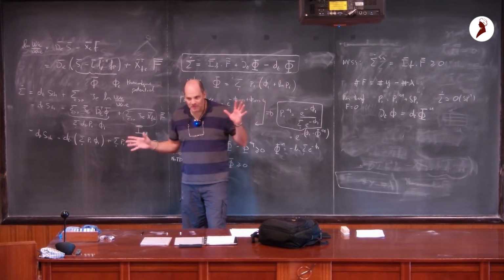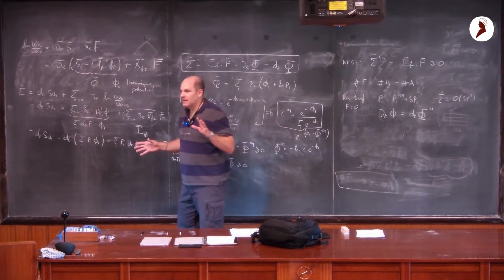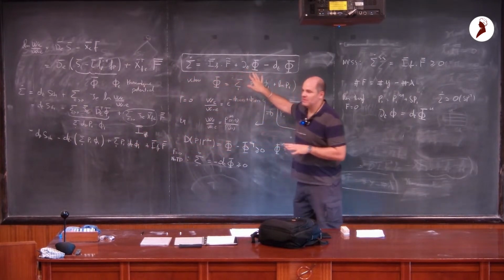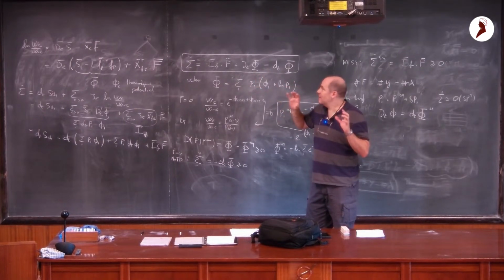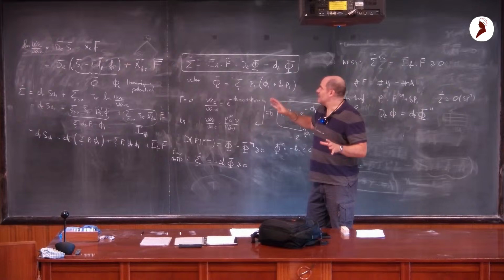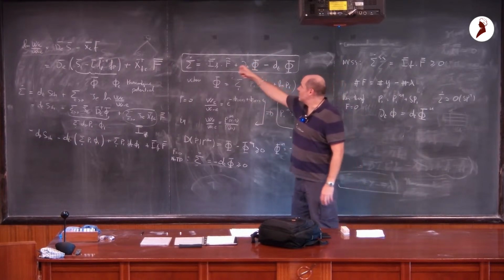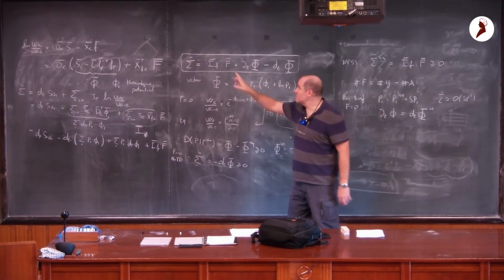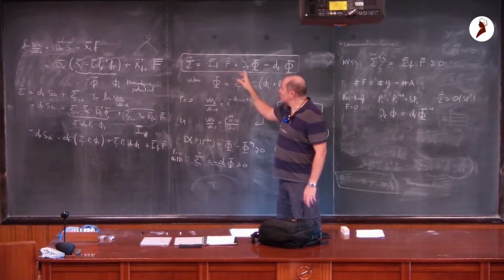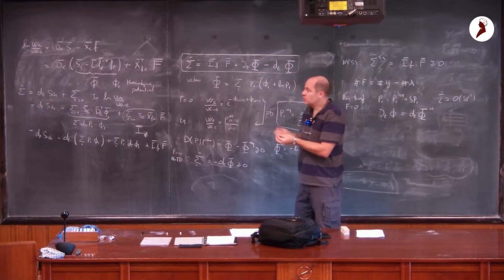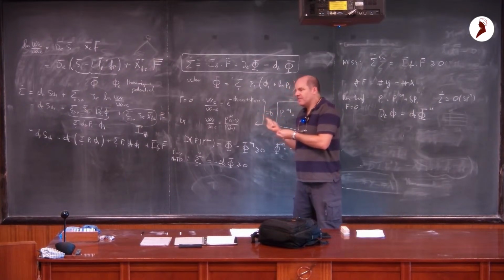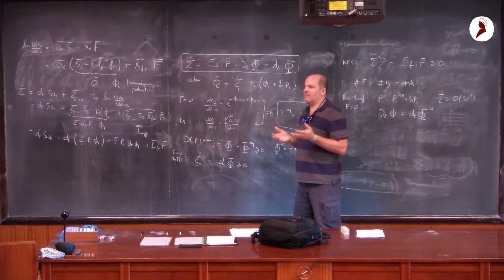But I hope that the big picture now is clear. And I think the central achievement is really this one, where we have a very systematic procedure to identify potential and forces. I should add that it's not unique. You have some freedom in the set of reference F versus force F. It's the same freedom that you have when you define a gradient.